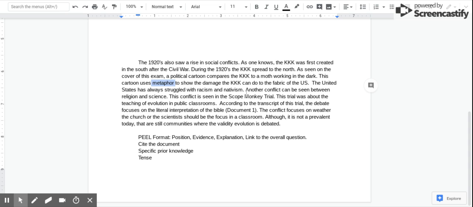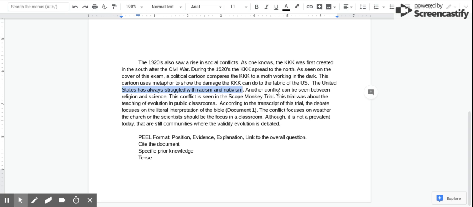And one more time, I have gone ahead and linked this back to the overall question. The United States has always struggled with racism and nativism, and this is something that can go into greater depth when we see this again at the end of the week.